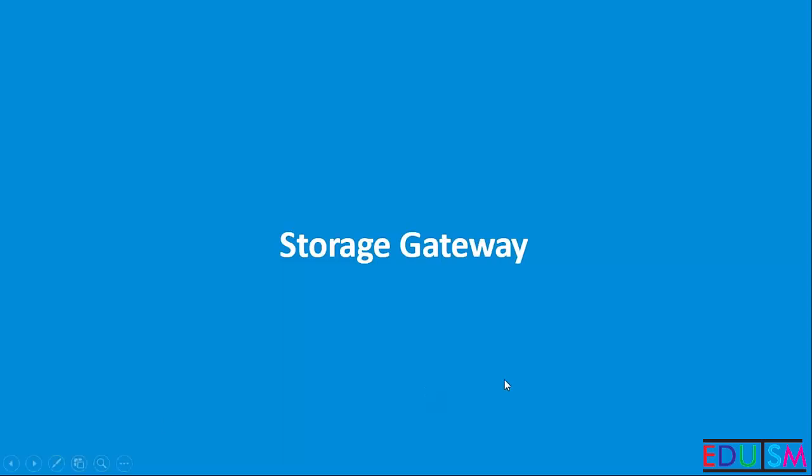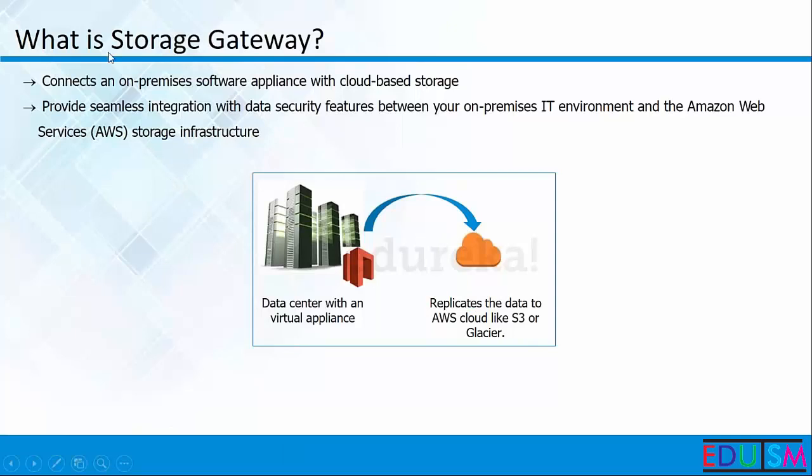Hybrid is an amalgamation of both public as well as private cloud. So what is Storage Gateway? It connects an on-premise software appliance with cloud-based storage, and it provides seamless integration with data security features between your on-prem IT environment and the AWS storage infrastructure.